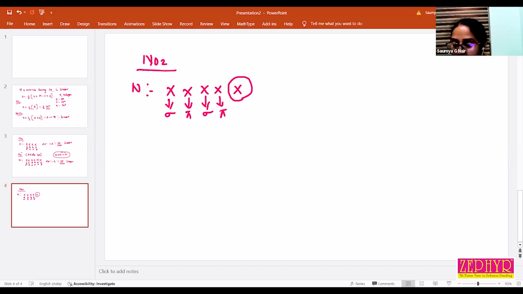That single electron is not involved in bonding, but it bends this molecule. This is not a linear molecule.